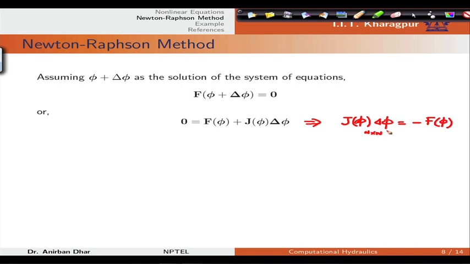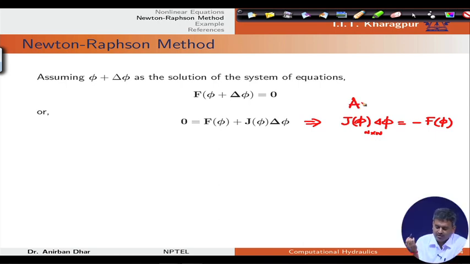So, we can say that it is equivalent to our original system, which is Ax or A phi equals R, where J is the coefficient matrix and in place of phi we are writing this del phi. So, on the right hand side in place of R we are writing this minus f. That means function values evaluated at this phi point.